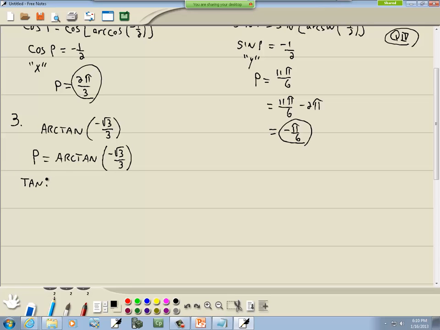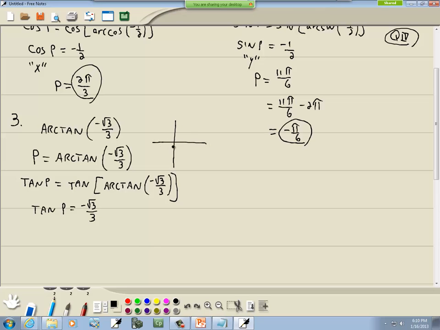So we've got tangent p is equal to tangent of the arc tangent of negative square root of 3 over 3. So tangent and arctangent cancel each other away, so you've got negative square root of 3 over 3.